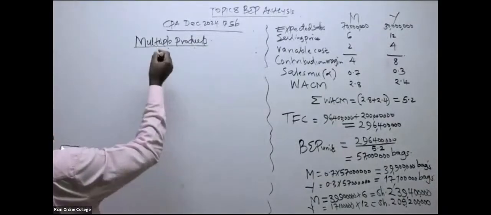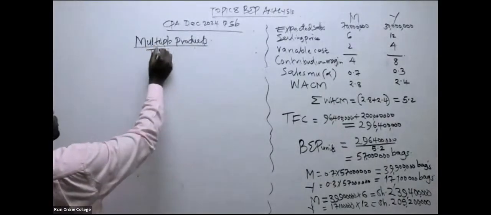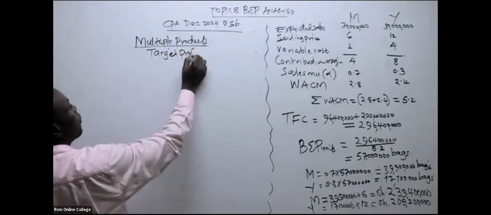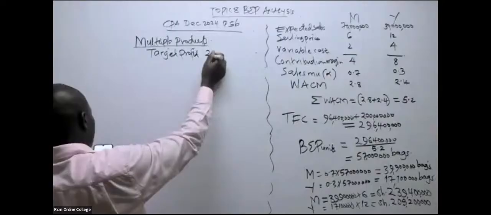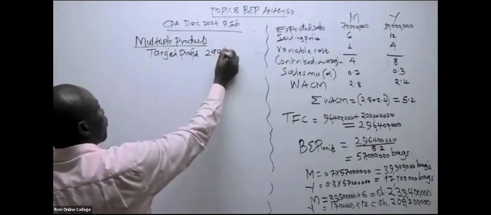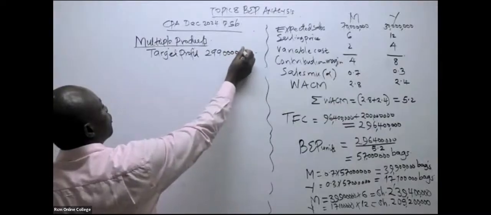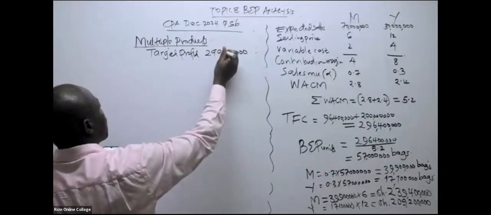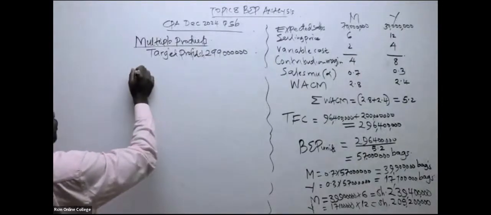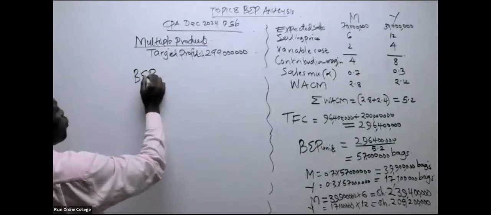What we are dealing with there is basically target profit of 299 million, in shillings, right? So how do we get the break-even point? Remember, they want it in units.